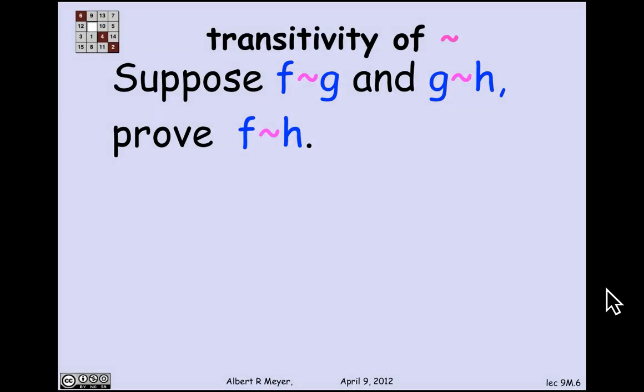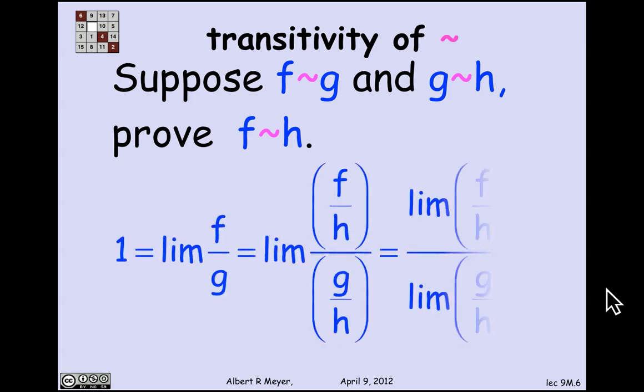There's a similar argument for transitivity. Let's just crank through it for practice on the definition. Suppose that f is asymptotically equal to g, and g is asymptotically equal to h. I'd like to prove that f is asymptotically equal to h. Well, again, we just plug into the algebra and distribute limits. We're given that 1 is the limit of f over g because f is asymptotic to g. But f over g can be expressed as f over h divided by g over h. That's just algebra.